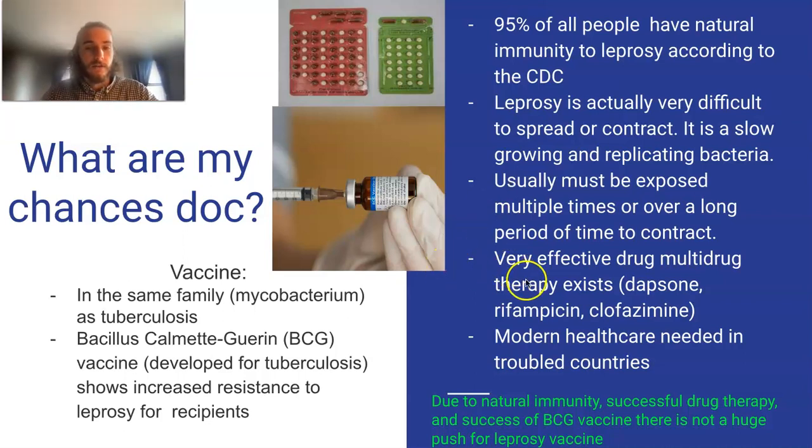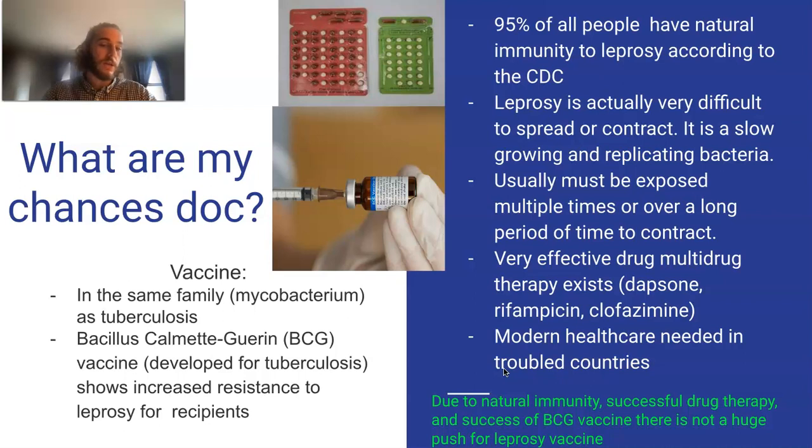And there's a very effective multi-drug therapy, which consists of drugs which I'm not going to try to say because Dr. Cody will probably take off pronunciation points. But this drug therapy is very effective. Usually you're cured; it takes 1 or 2 years, so it's a long time, but it is very effective. And in terms of a vaccine, I told you it's in the same family as tuberculosis.